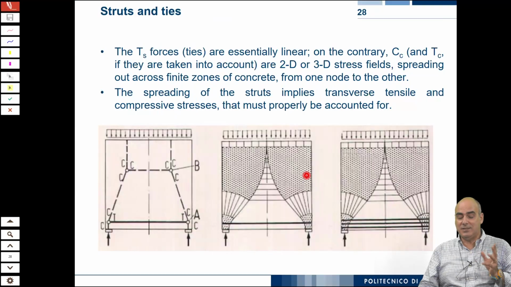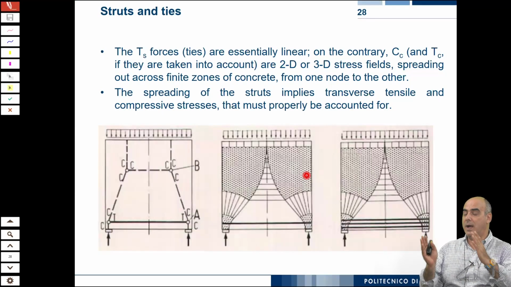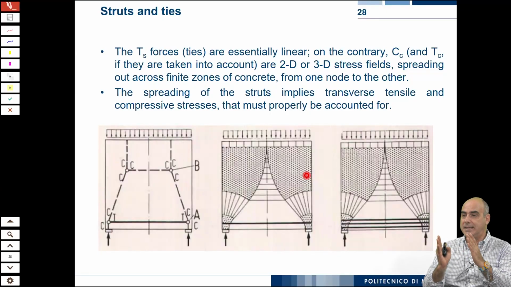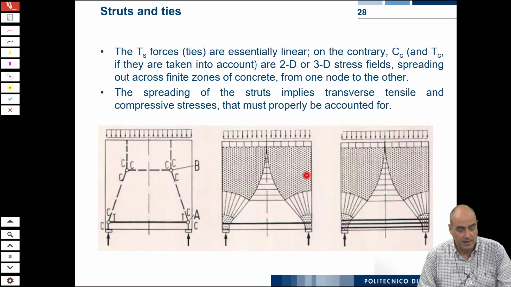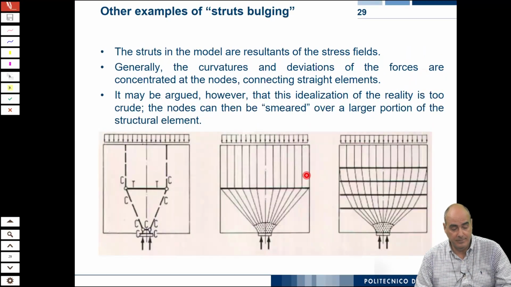For the strut, it is concrete. But you know, concrete is everywhere. We must understand how we concentrate the stress fields into straight lines, or how the stress fields distribute so that we can identify the strut. So there are 2D or 3D regions depending on the case.